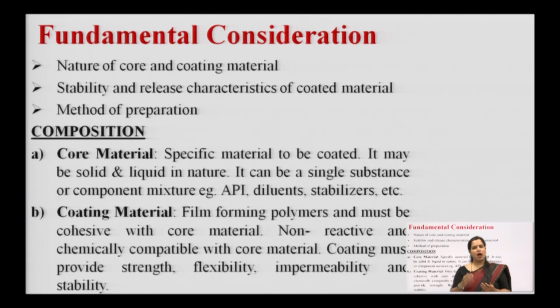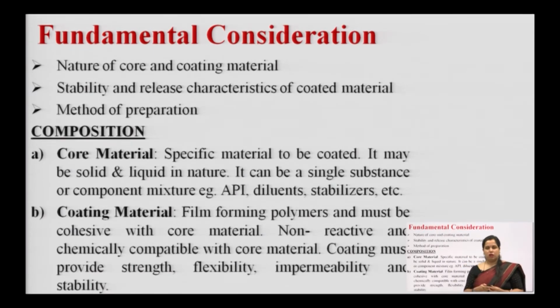If the polymer has reactive or toxic properties, that may hamper the release of the core material, or affect the therapeutic efficacy of the drug within the body. So, it should be inert in nature, but cohesive side by side. Coating must provide strength, flexibility, impermeability and stability. All these parameters are to be followed while choosing your polymer for the microencapsulation process.